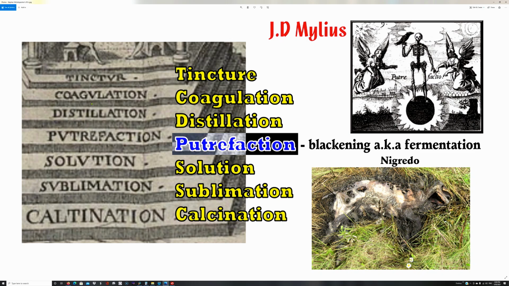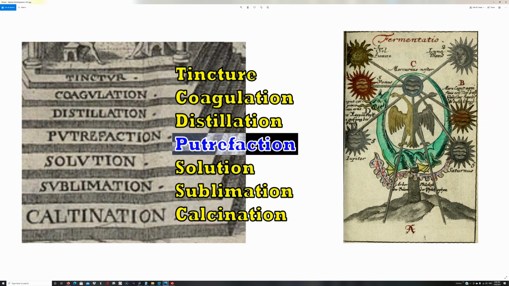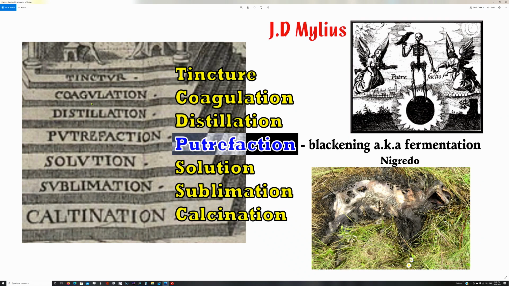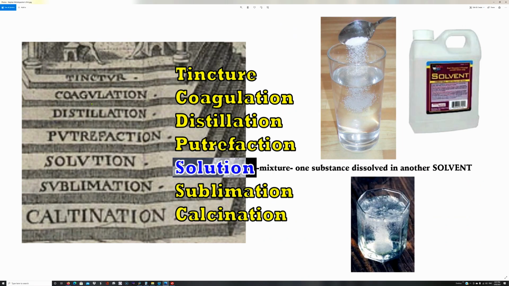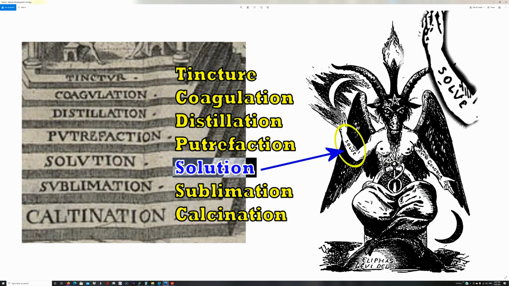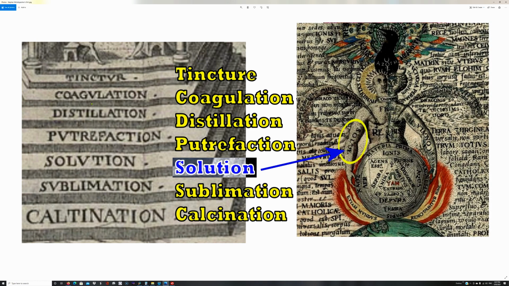So putrefaction, you probably think more of rotting bodies, but that's actually what's happening in fermentation. It's essentially a form of rotting. Solution or solvents, classic. So you go back to that image by Levi. So we have coagulation on one side and solvent on the other, which is sort of opposing forces, you could say.